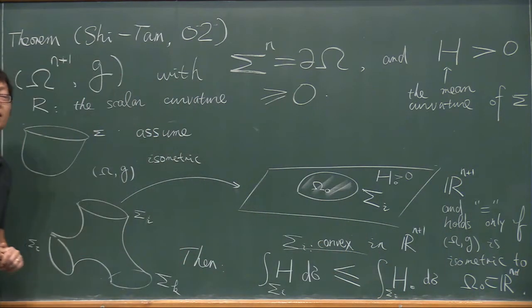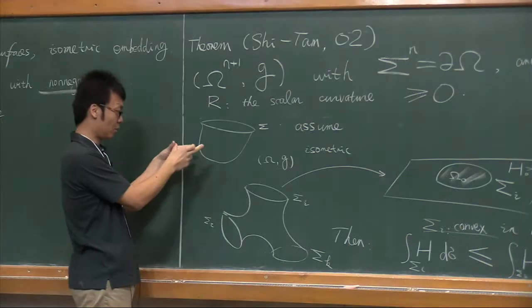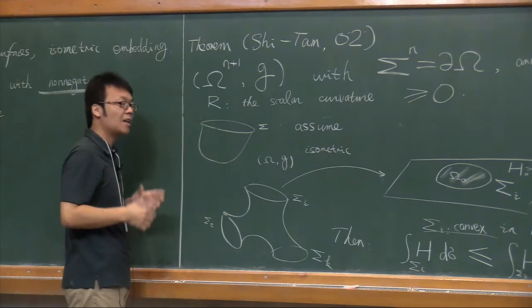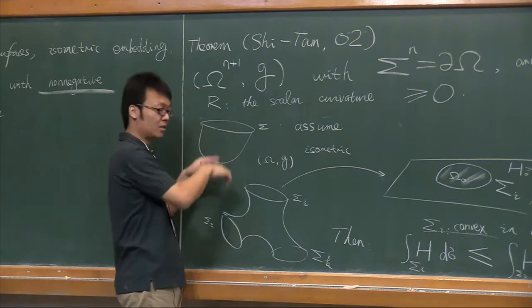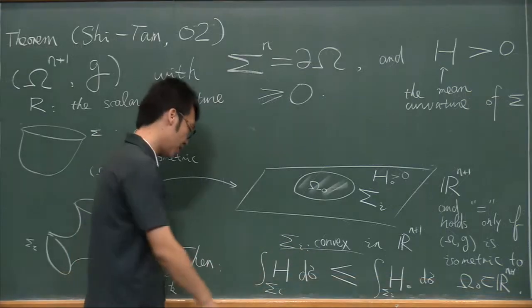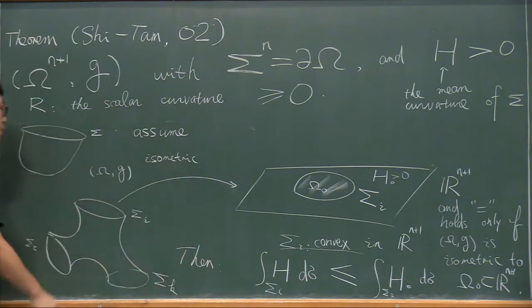Okay, as you can see, this is a theorem of the following nature. It starts with a compact manifold with boundary, with non-negative scalar curvature. Under suitable assumptions on the boundary, one can make a conclusion regarding the following quantity.